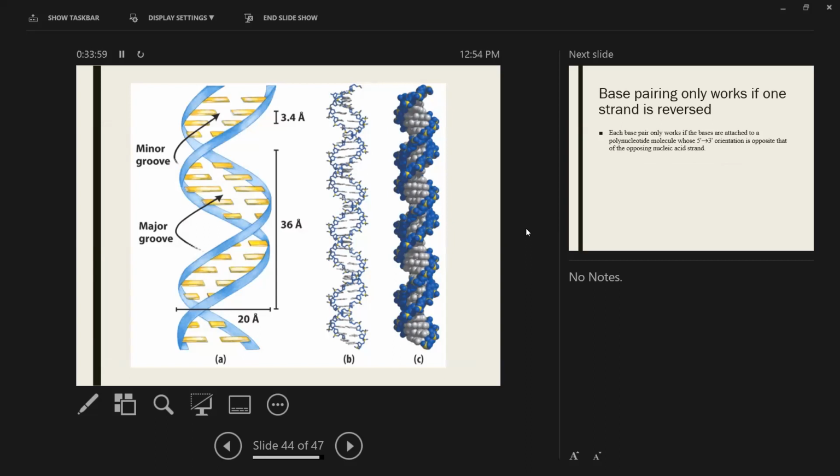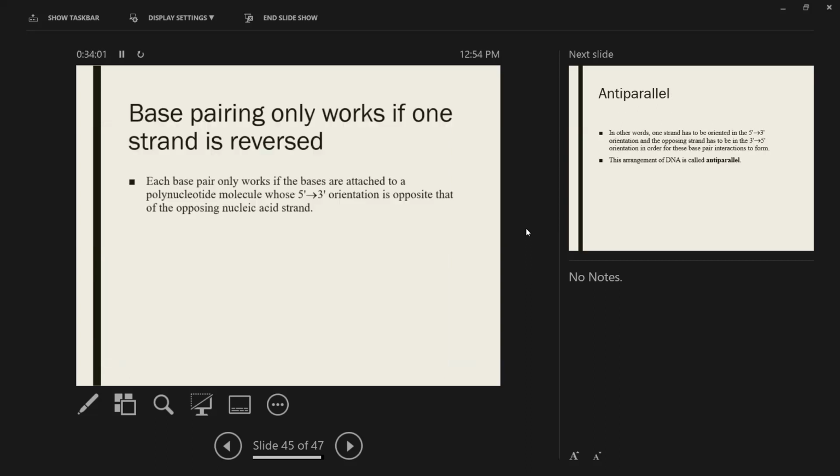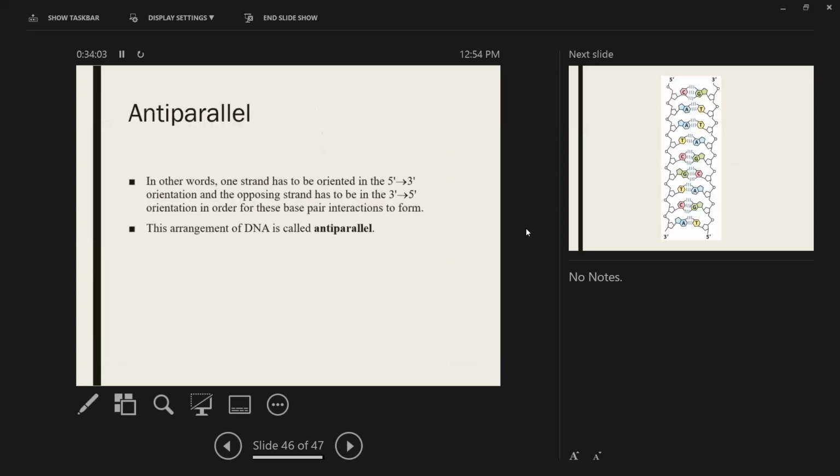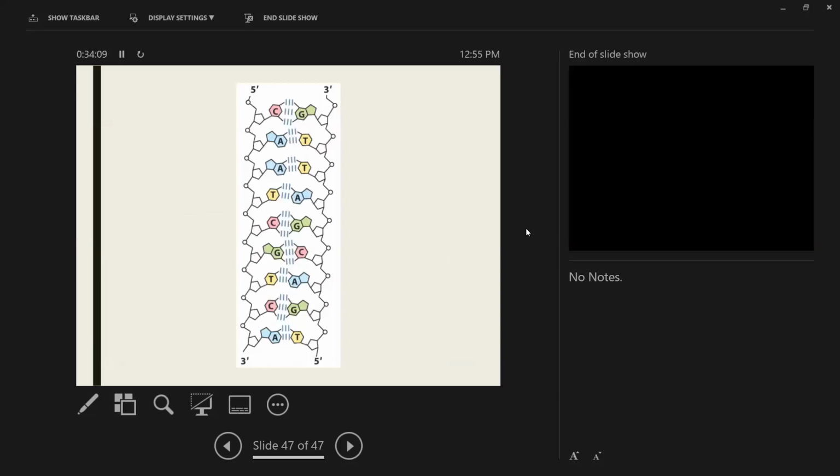This arrangement, where they go in 2 different directions, is called anti-parallel. It's absolutely essential for the structure of DNA, which you see right here. If for some reason they went the same direction, if they were parallel, is it possible, maybe? No. You wouldn't have a structure like this. You'd have a structure that's very irregular and therefore not nearly as stable.